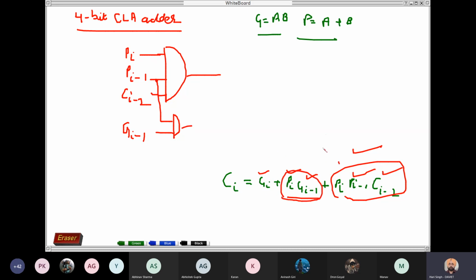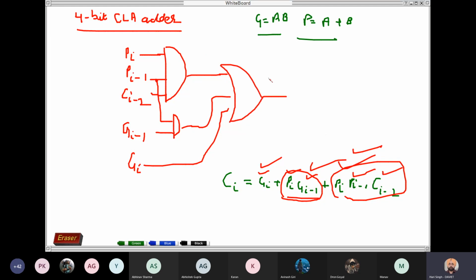Then this first vector, second vector, and this Gi are given to an OR gate, and you will have Ci.